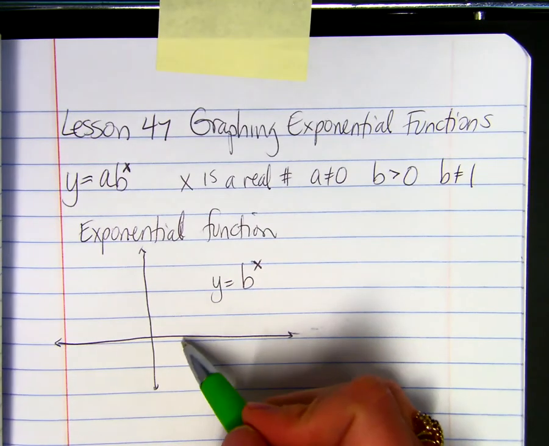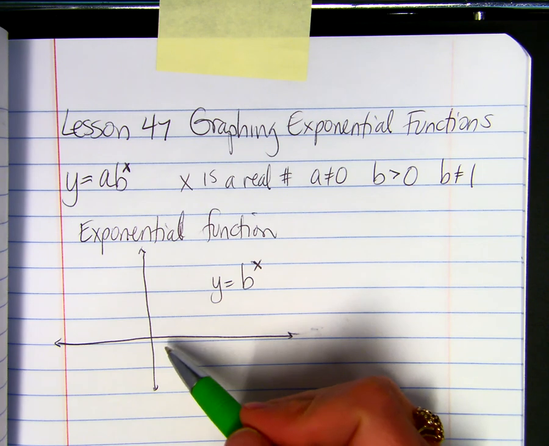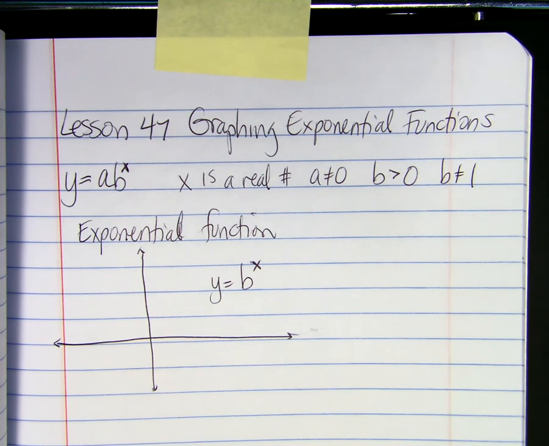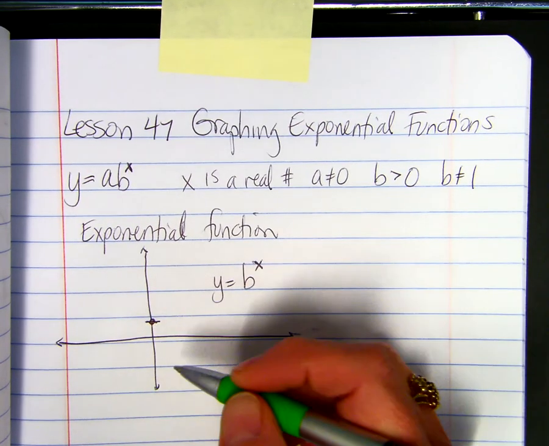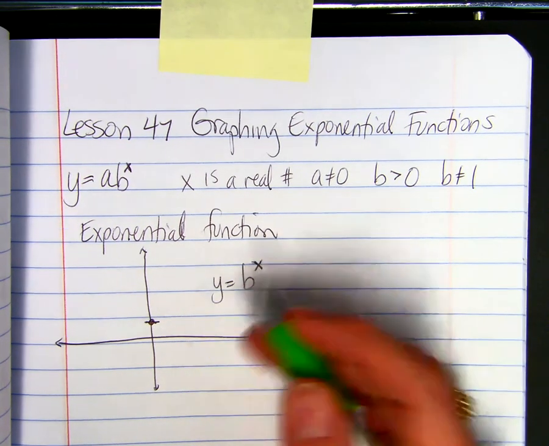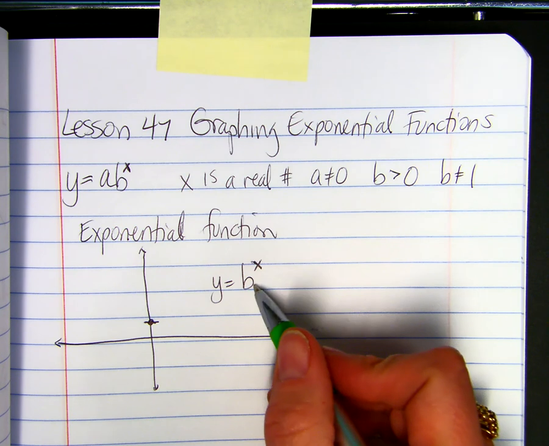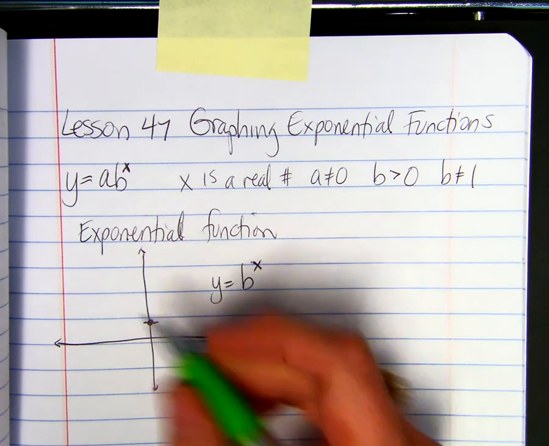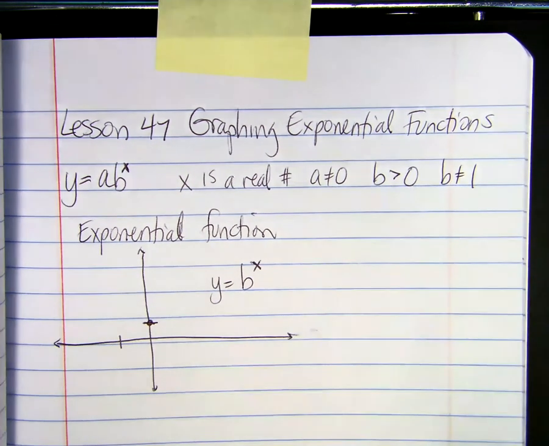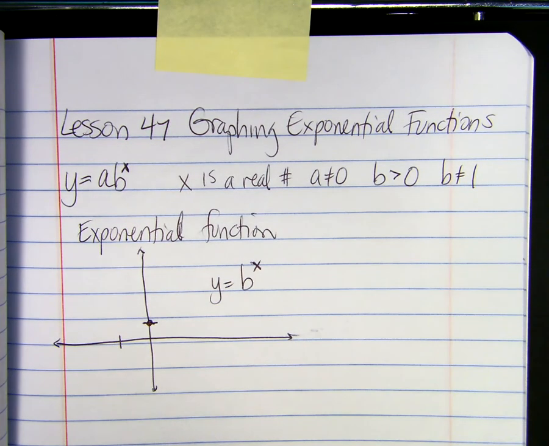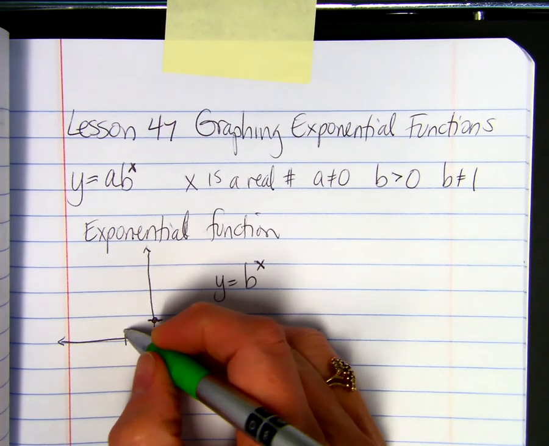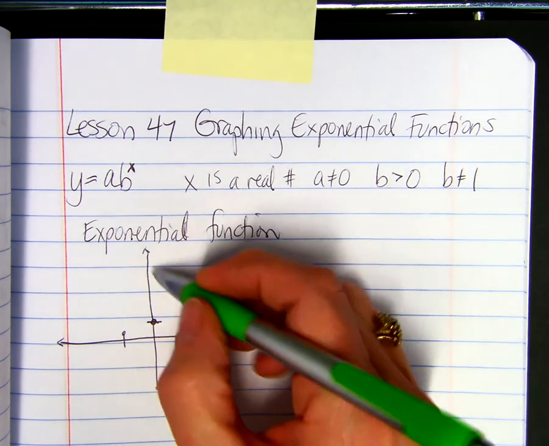When x is 0, what's y going to be every time? Yeah, 1. So we will have a 1 here. And then when x is -1, you're going to have a reciprocal of a number b that's greater than 0, so it's going to be a fraction. So it's going to be somewhere down here.